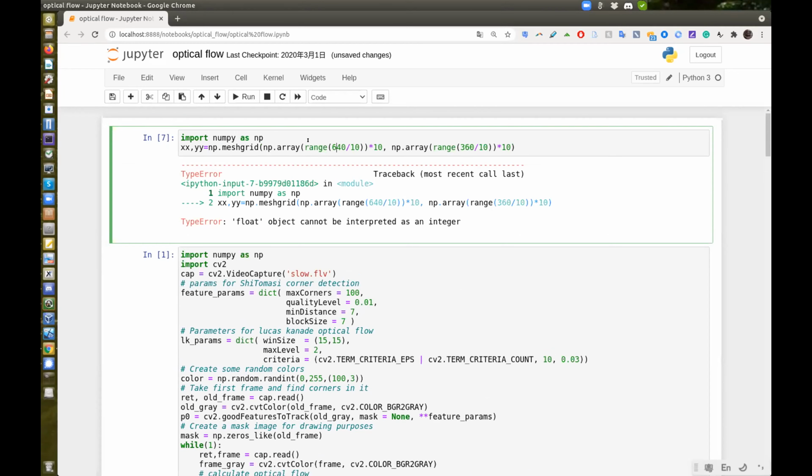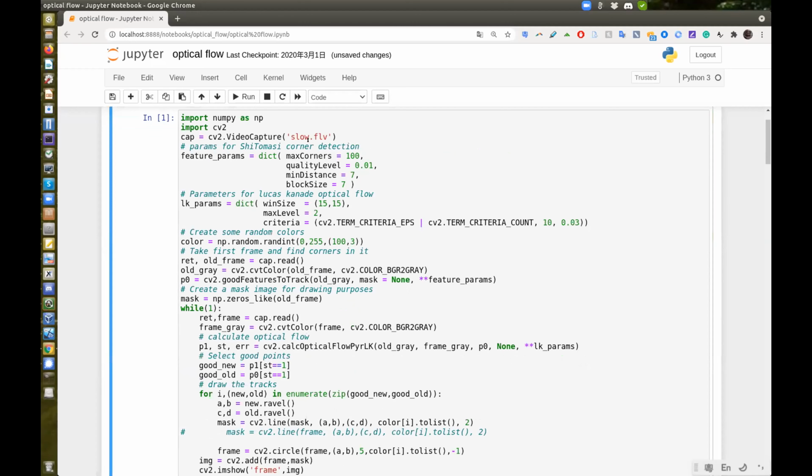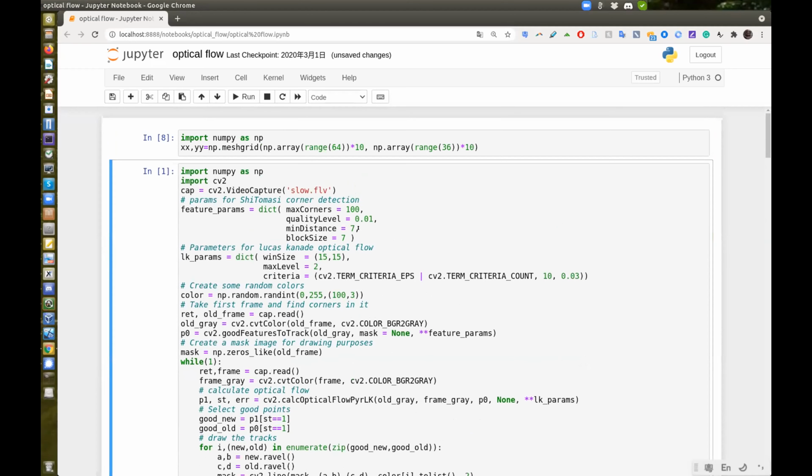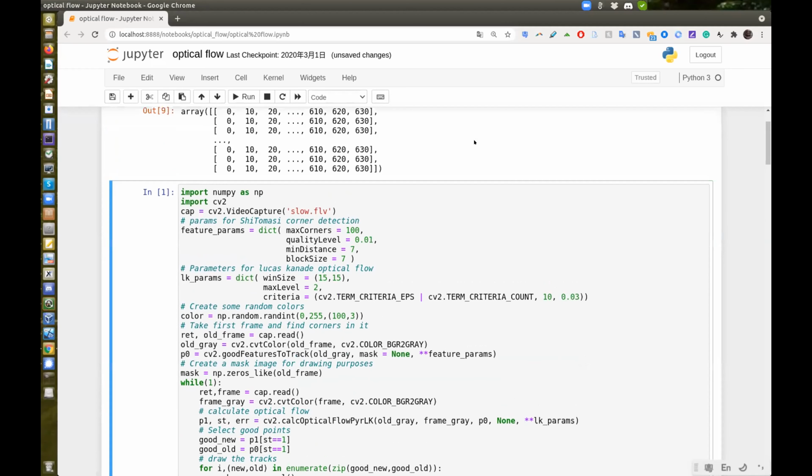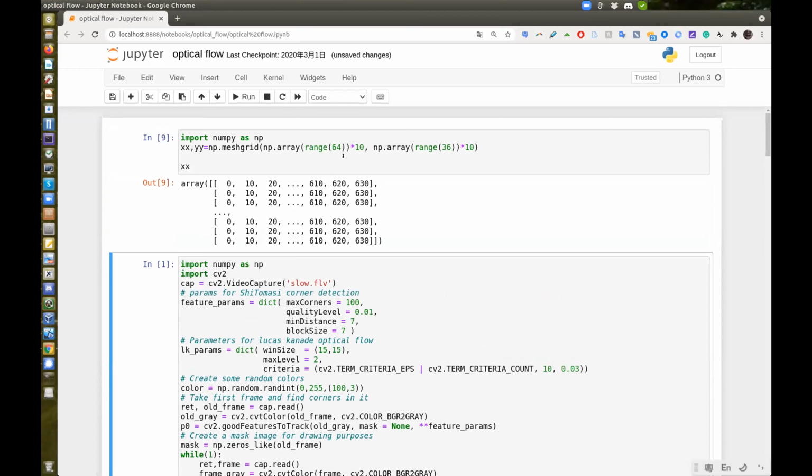Yeah, I need to make it integer. So this is 6 feet.